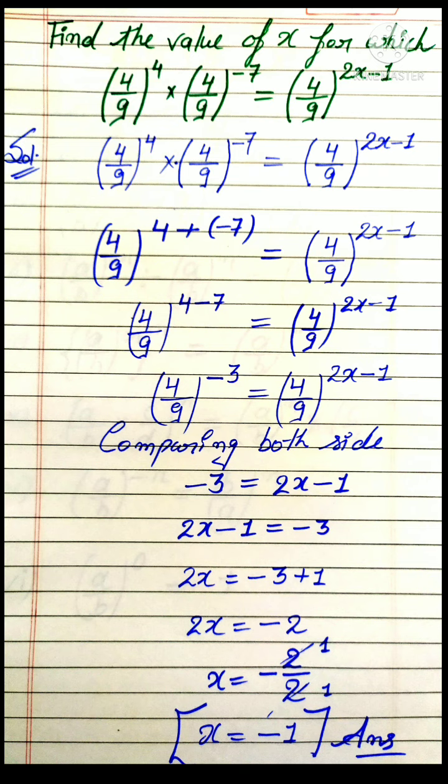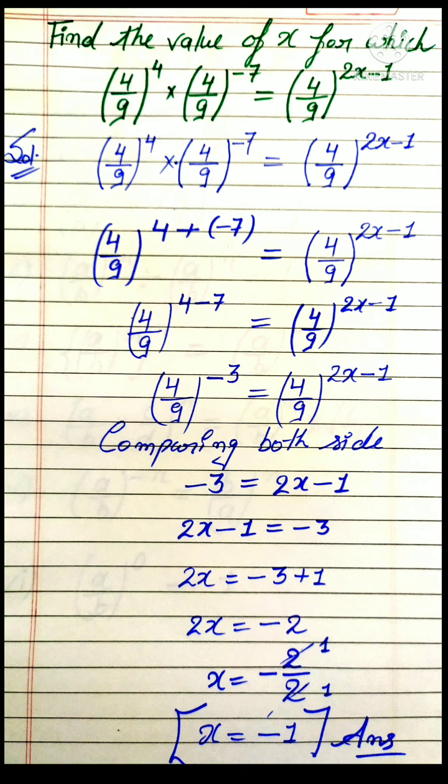As you are seeing, in the left hand side it is 4 upon 9, and in the right hand side also you have 4 upon 9 in the base. So now we can compare both sides. Then this 4 upon 9 and 4 upon 9 will cancel. We will get minus 3 and 2x minus 1, which can be written as 2x minus 1 equals minus 3.